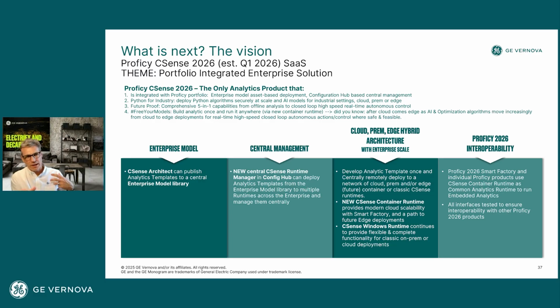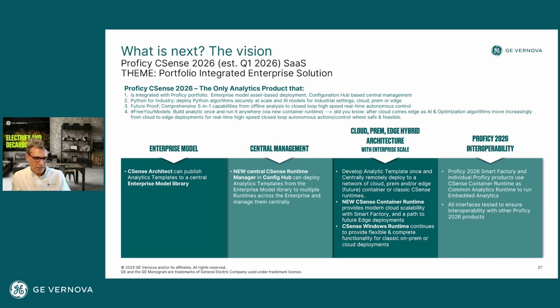It will provide Python for industry, so it will have Python fully embedded, enabling you to deploy AI models and Python algorithms securely at scale, whether it's in the cloud or on-premise or edge.